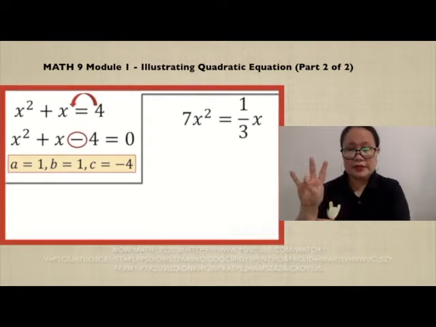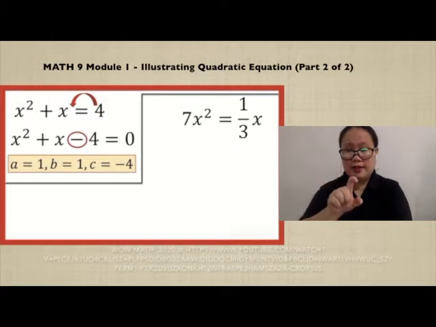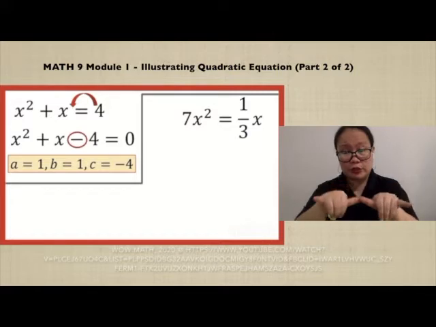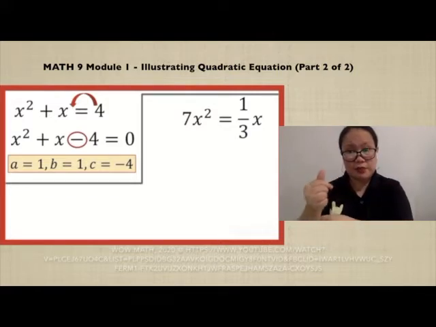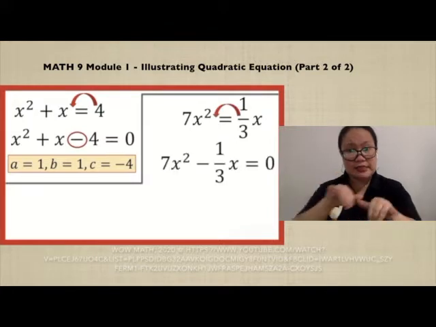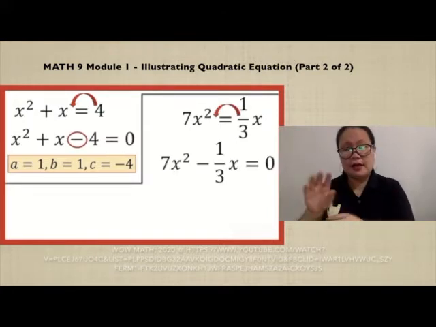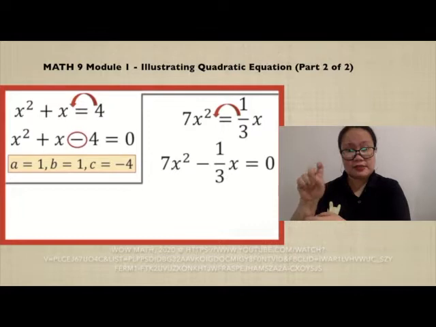Another example, I have here 7x squared is equal to 1/3 x. So again, let us write this quadratic equation into standard form. So we will have 7x squared minus 1/3 x is equal to 0.